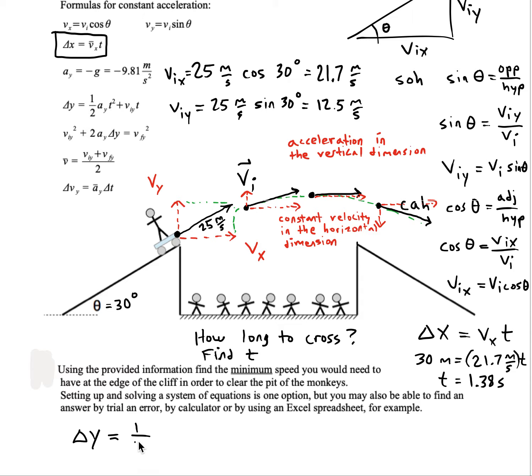So here's one of them that's really big that we use all the time. 1/2 at squared plus ViyT. That's a formula for acceleration. You can see because it has an A in it. There's another one we have. This one here is good for acceleration. But I think that since I know the time, I could probably just do it with this one.